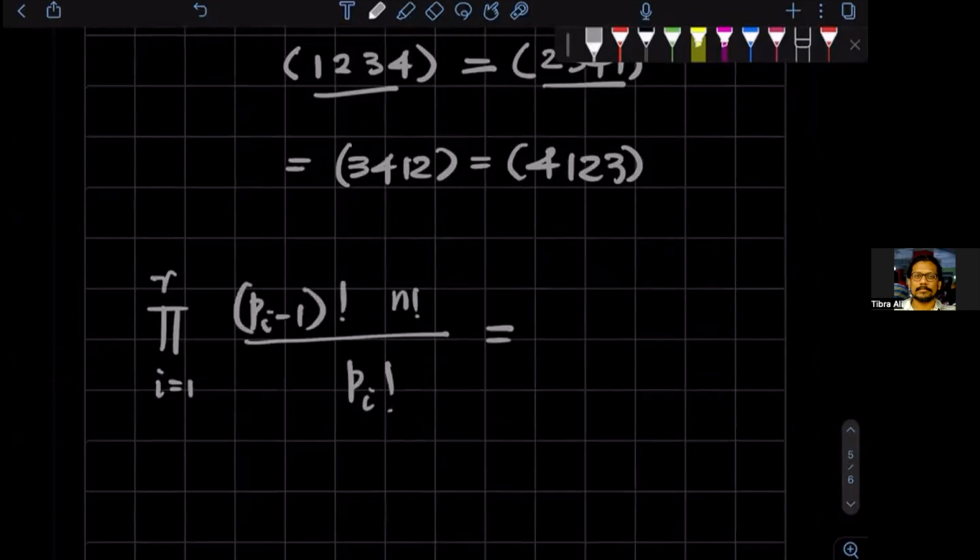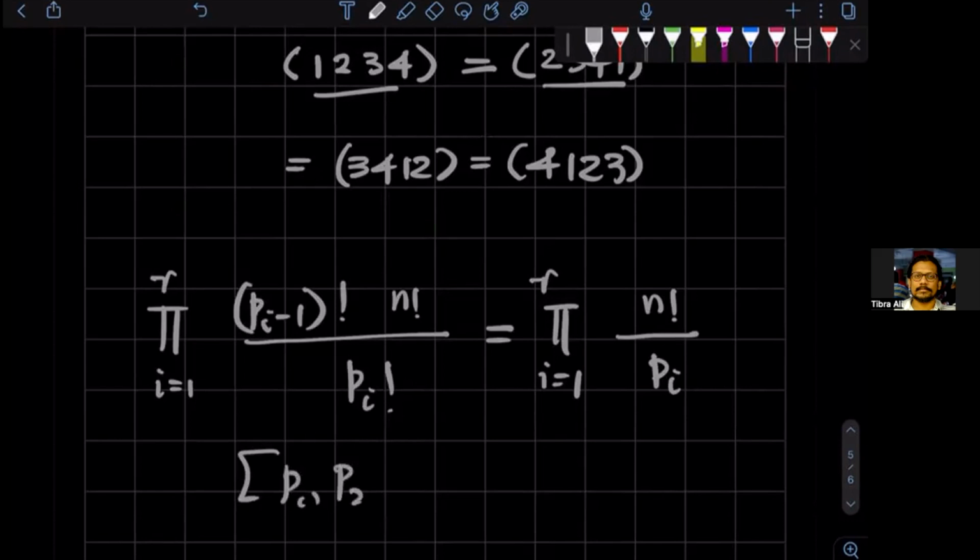So here the cancellation gives me the product over i from 1 to r of n factorial divided by just p_i. So this is the number of elements that are in that subset we are calling P1, P2, ..., PR, when all the P's are different, okay?